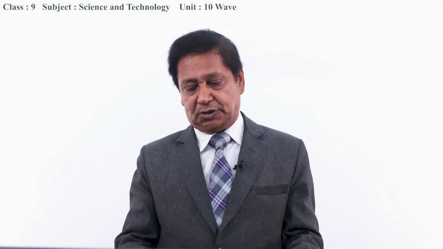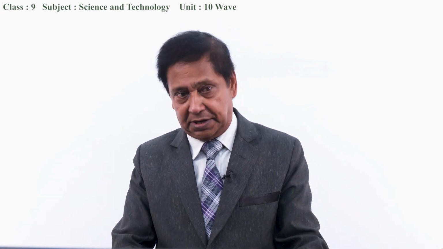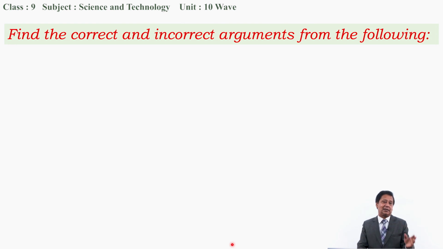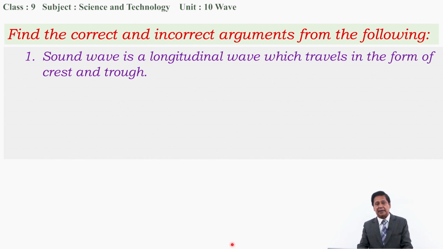Okay, now let's move on to another part, I mean to say another type of question. Find the correct and incorrect arguments from the following. Here I'm going to show you some arguments. Some of them are correct, some of them are incorrect. You have to evaluate them and decide which one is correct and which one is incorrect. Sound wave is a longitudinal wave which travels in the form of crest and trough.